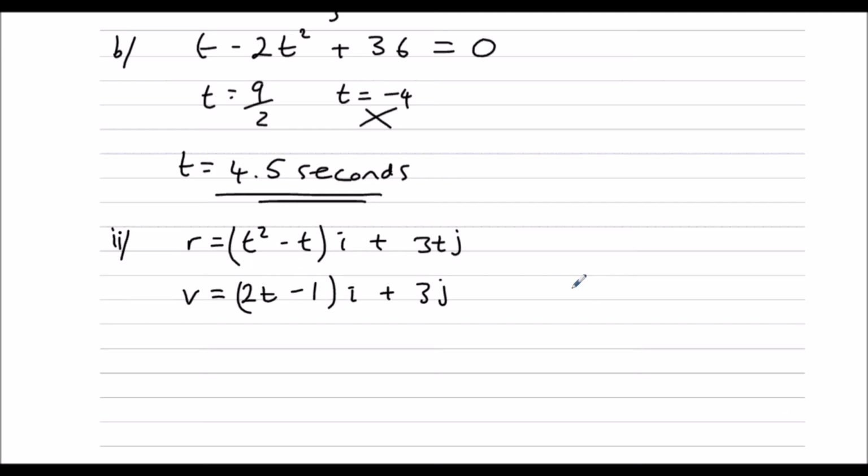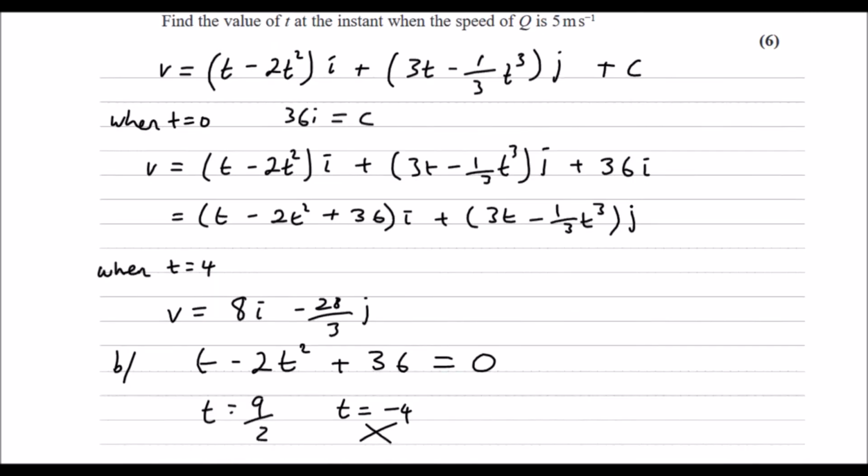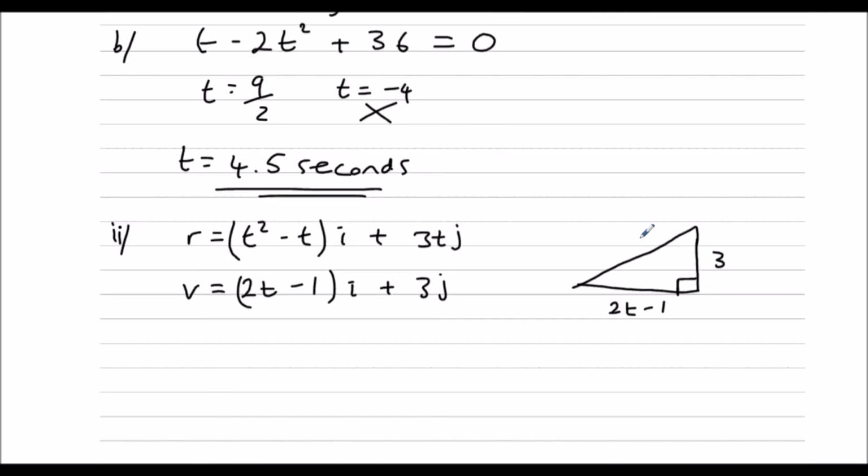So 2t - 1 in the i direction, 3 in the j direction, but we want the length of this hypotenuse. We know the length of the hypotenuse, even, the speed is 5. So we can use Pythagoras to find t.